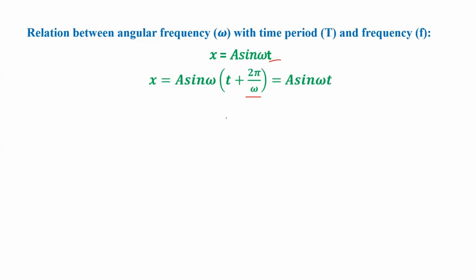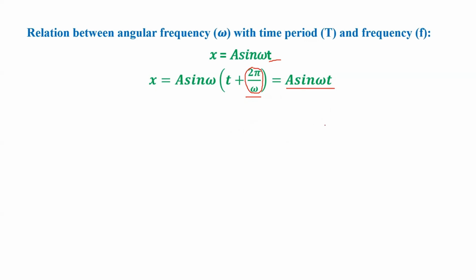That means sine of 2 pi plus omega t, so sine 360 plus omega t. Sine 360 plus theta is sine theta. So therefore, this value is again equal to a sine omega t. That means after 2 pi by omega seconds, it comes to the actual position again. It repeats its position after 2 pi by omega seconds.